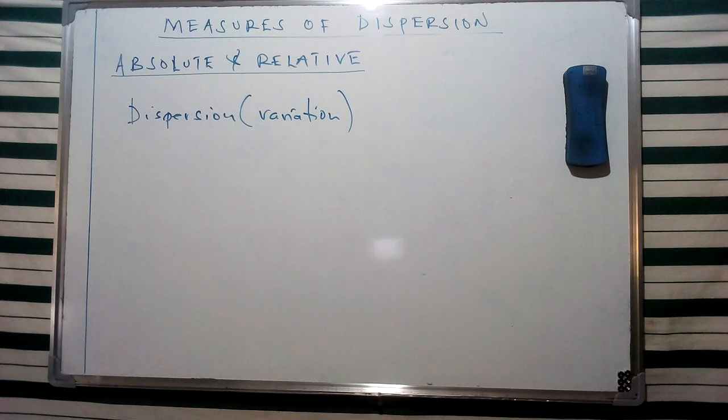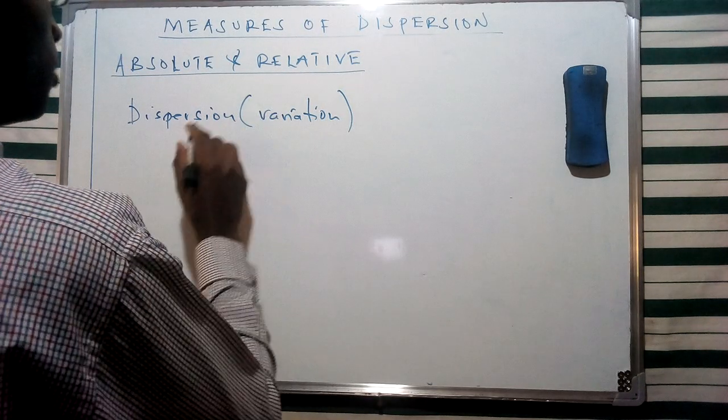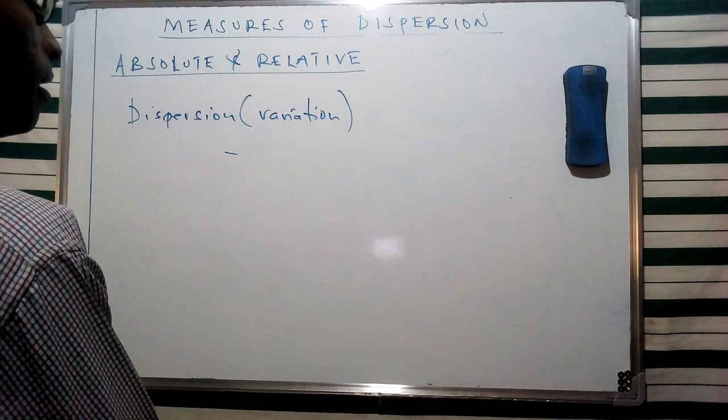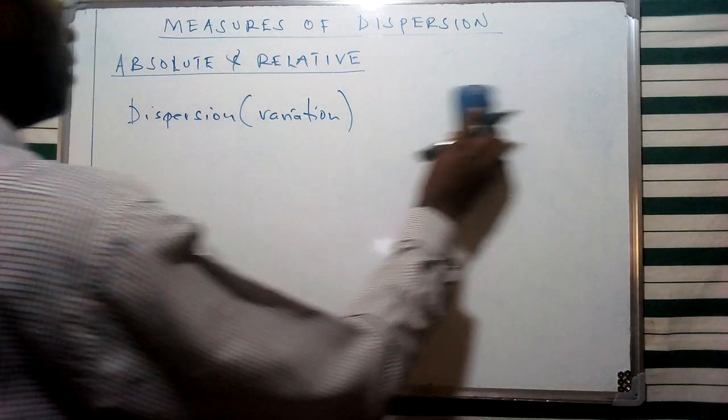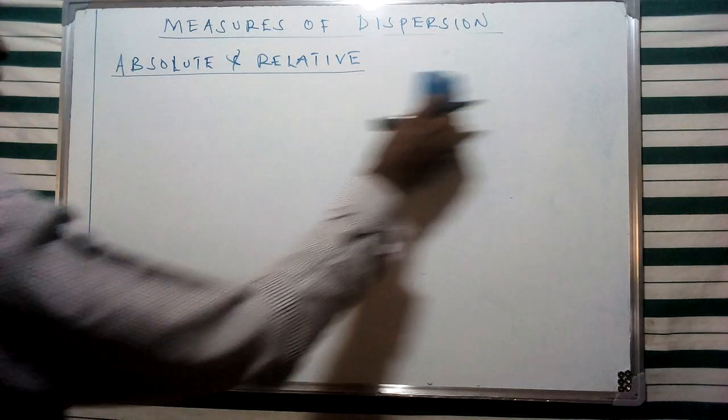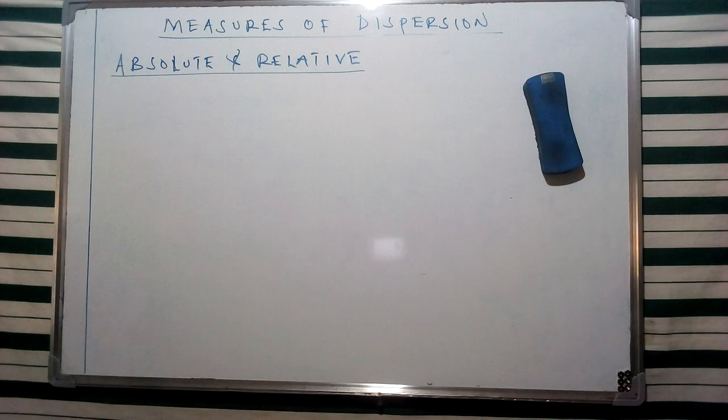Apart from that, I've also said that this is going to be very essential in making further statistical analysis, and those are going to provide for us a way of understanding these two specific types of measures of dispersion which I've given on the board.